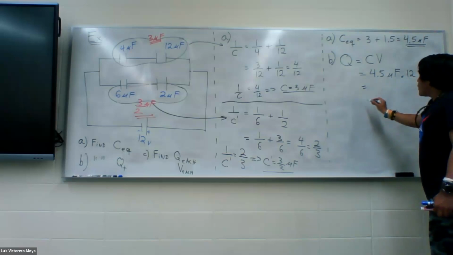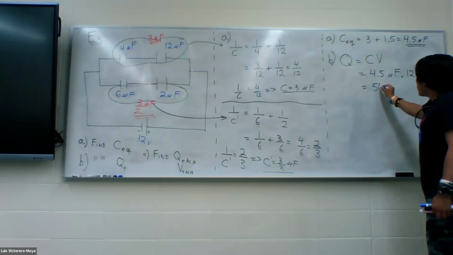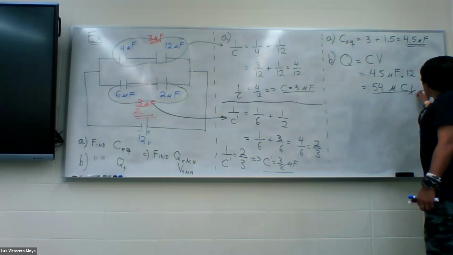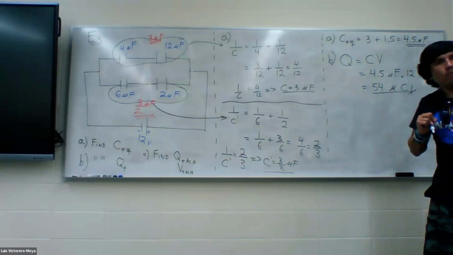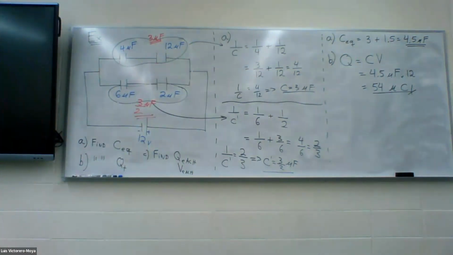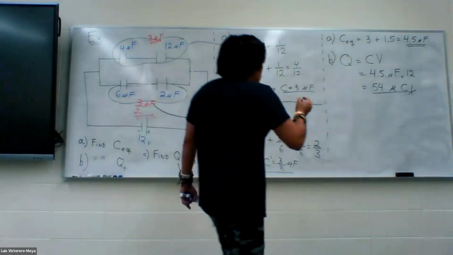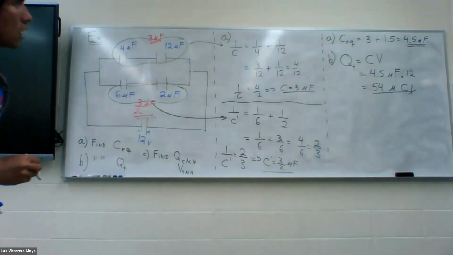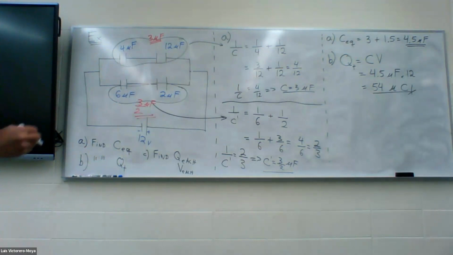And that will give you around 54 microcoulomb. A and B. All right. So you found the charge on the circuit, Q total, and you found the equivalent capacitance, of course.